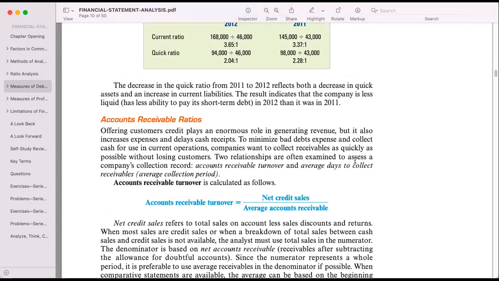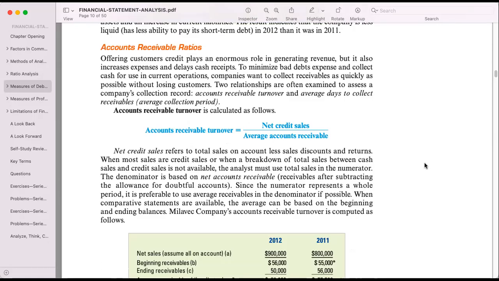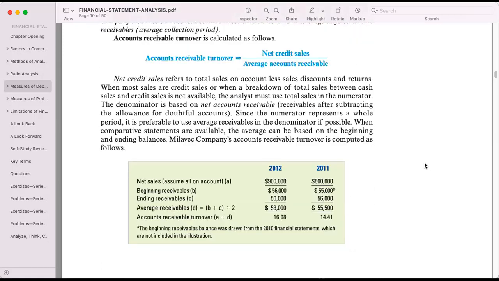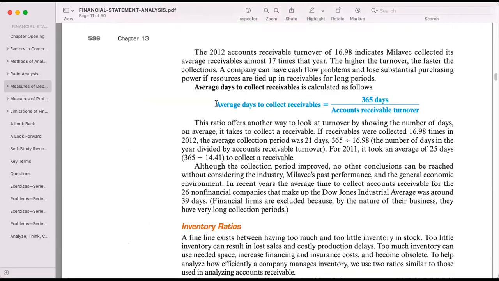We also have the accounts receivable ratio. How do we solve the accounts receivable ratio? We solve for the turnover of the accounts receivable. That is net credit sales, or the credit sales, divided by the average accounts receivable, that is the accounts receivable turnover. And with the accounts receivable turnover, we can use it to solve for the average days to collect the receivable.